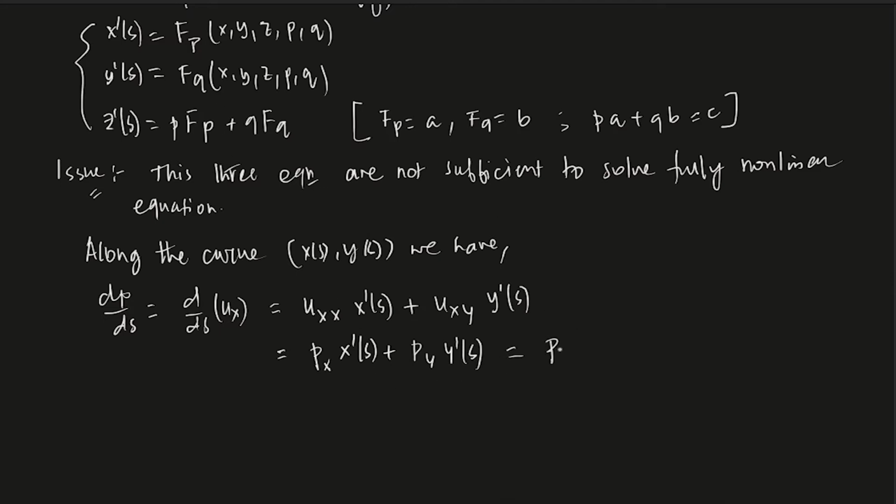So we can write it as px fp plus py fq. Similarly you can also do it for dq by ds, and exactly the same thing will happen. It is qx fp plus qy fq.